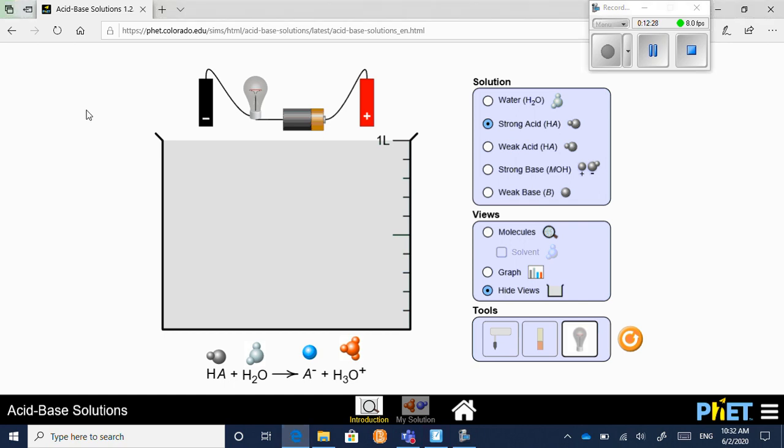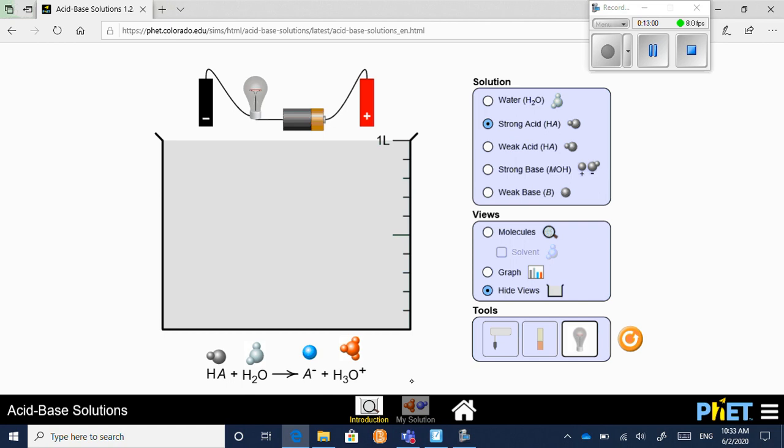First up, down at the bottom of the screen here, it shows the dissociation. In this particular case, it's not any particular acid, it's just any acid. So it says if you had HA, and in your mind, a lot of you are saying, well, Mr. Webster, A isn't an element, and you're right, but they're just using that as a placeholder.